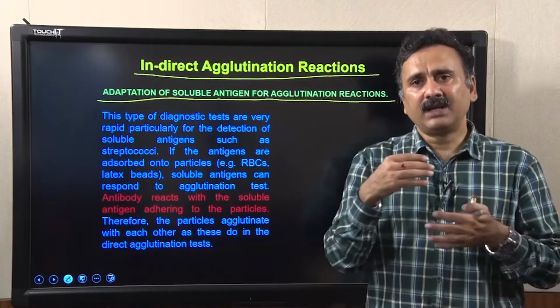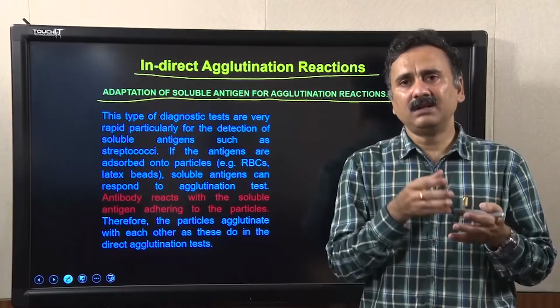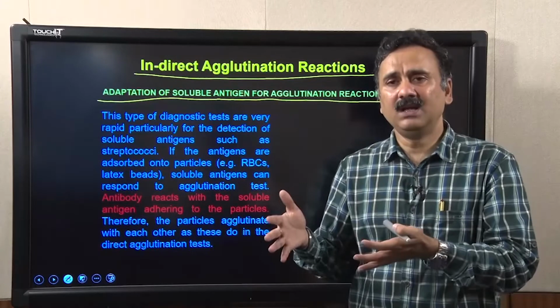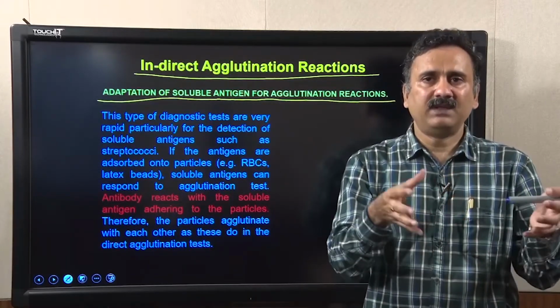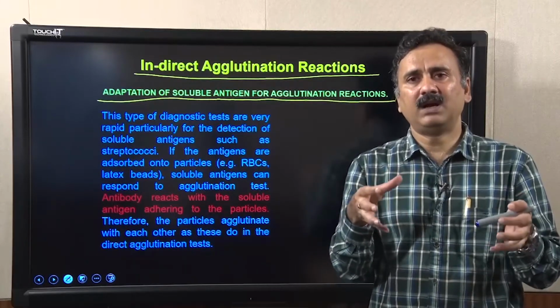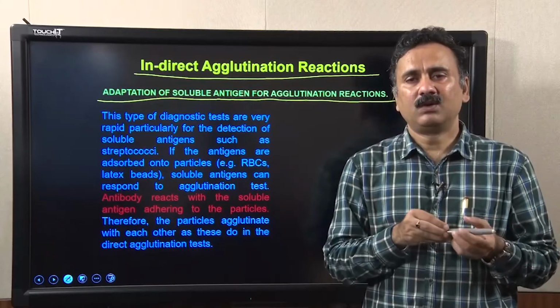You simply add the antibodies, wait some time, and visually see whether you get a clump of the cell or the antigen.